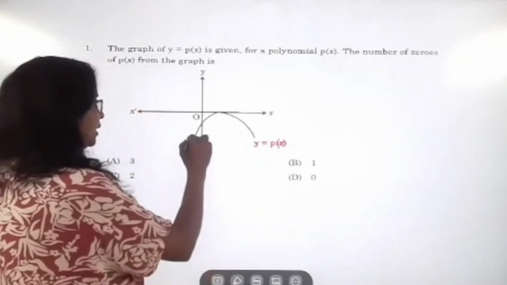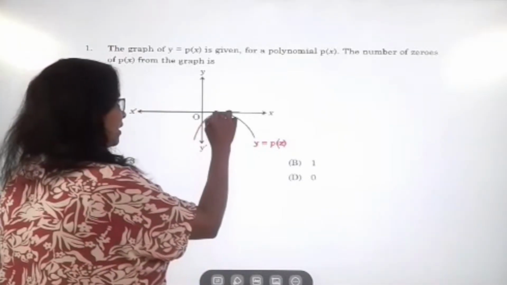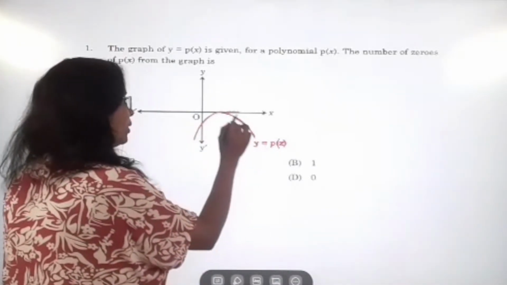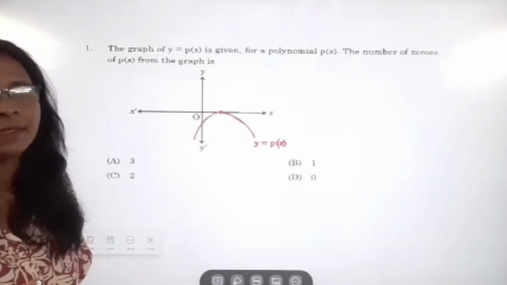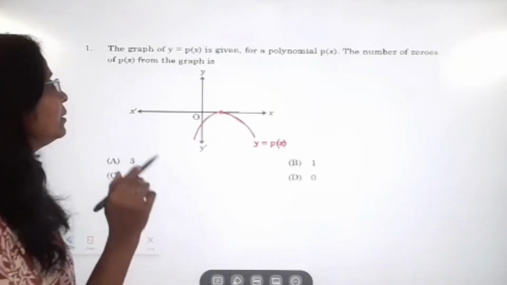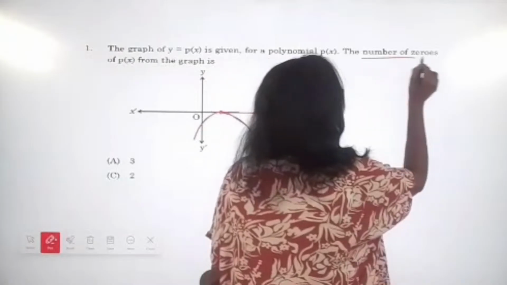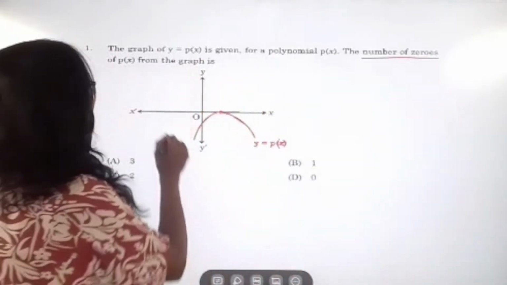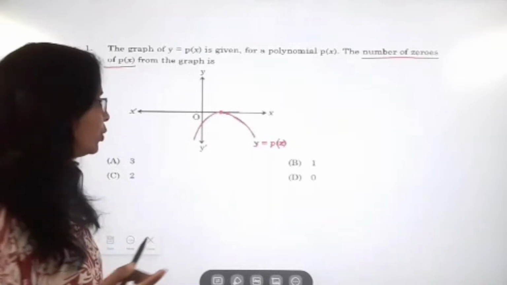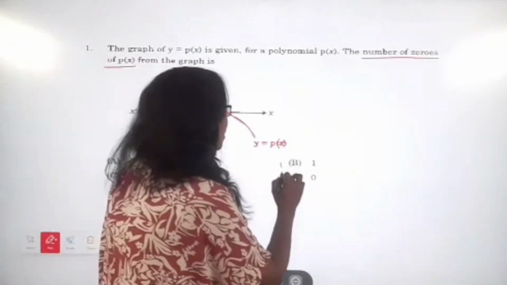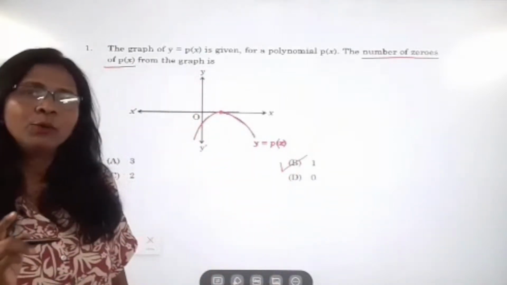Now this graph touches the x-axis at only one point, and that means students here the number of zeros of p of x is equal to 1. So here students the correct option is B, 1.